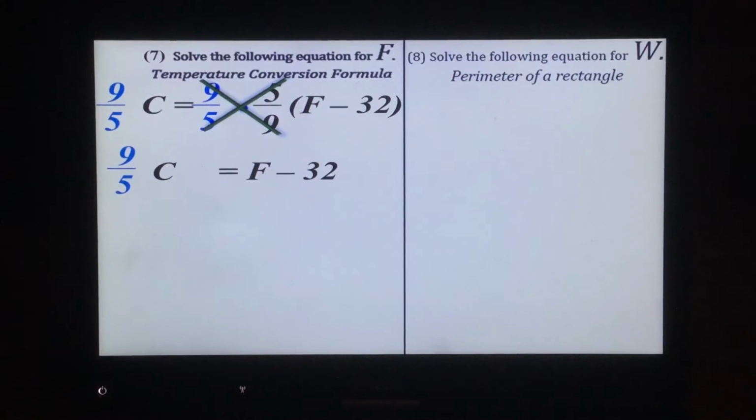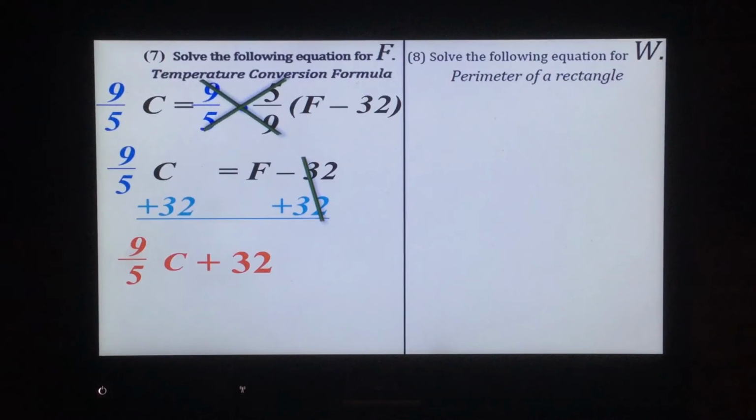We now have to add 32 to both sides. The 32 will cancel, and then you wind up with 9 over 5 C plus 32 equals F. So now here's a new formula. Given that you knew what it was in Celsius, you can find out what it is in Fahrenheit.